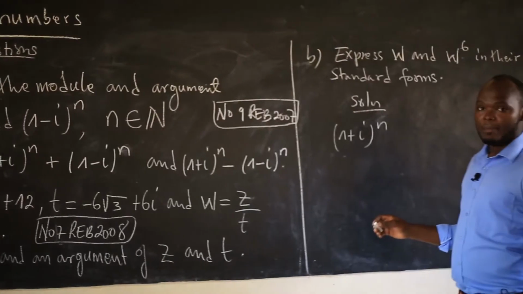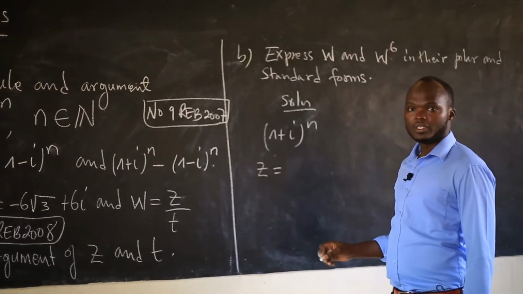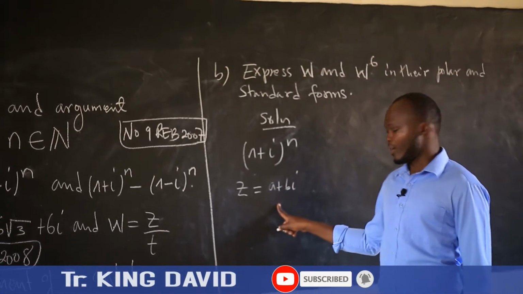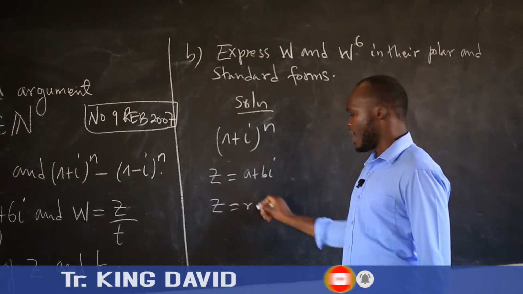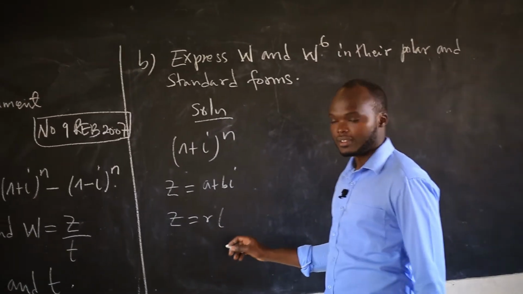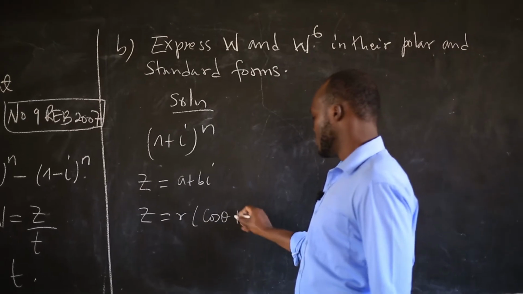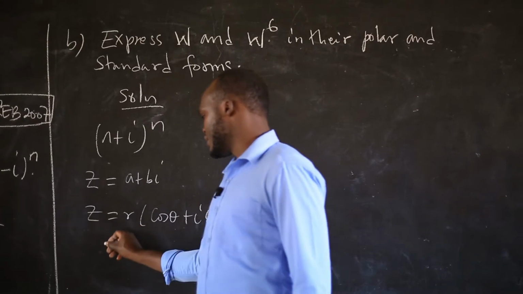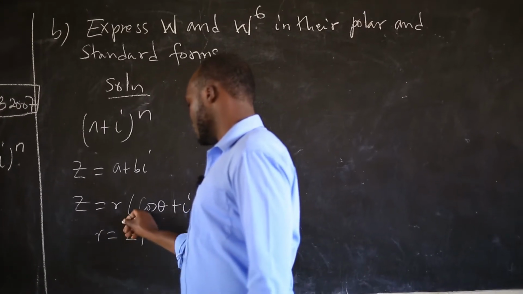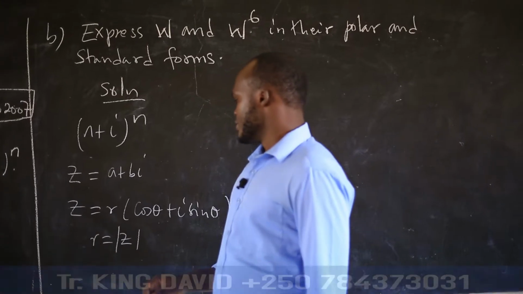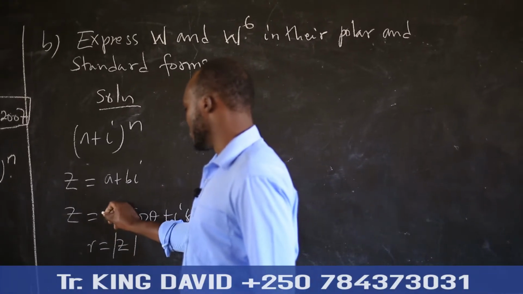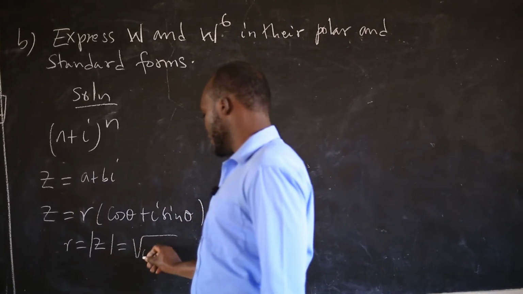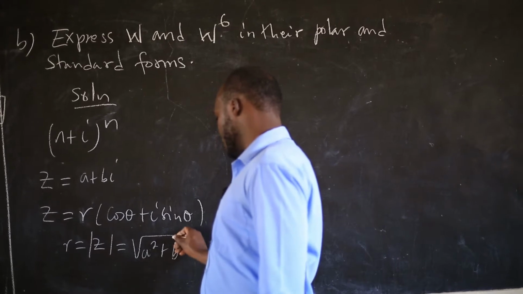Remember, when you have z = a + bi, you can express it in polar form, where z = r(cos θ + i sin θ). Here r is the modulus of z. How do we find the modulus of z? It is the square root of a squared plus b squared.